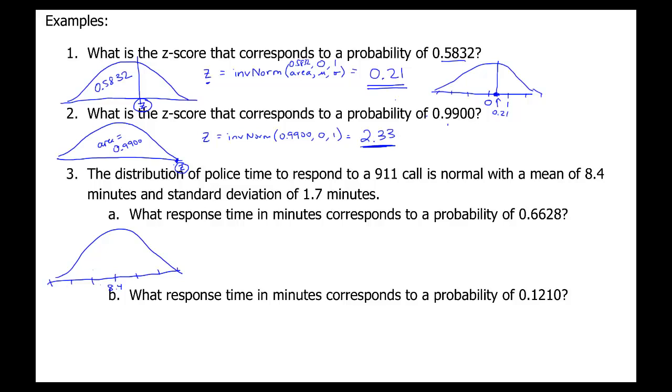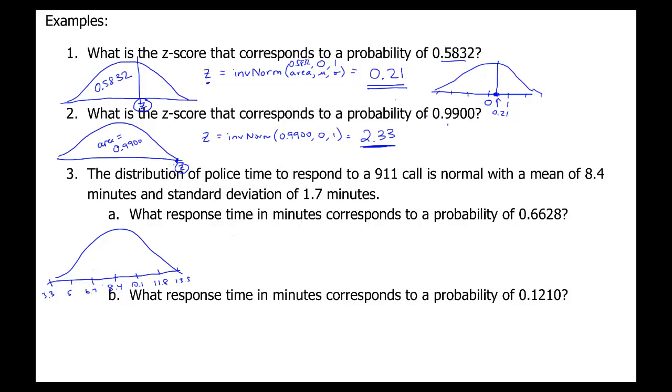So we had 10.1, 11.8, and 13.5 going this way, and 6.7, 5, and 3.3 going the other way.